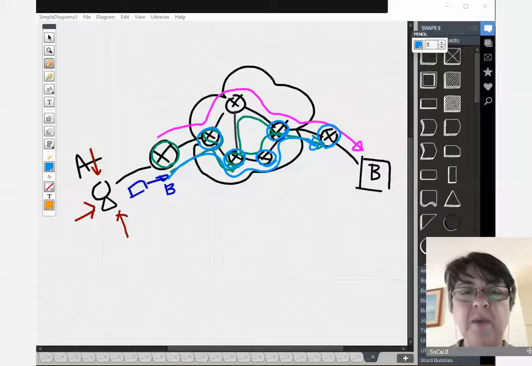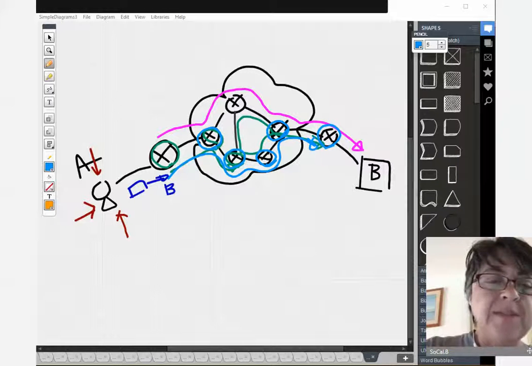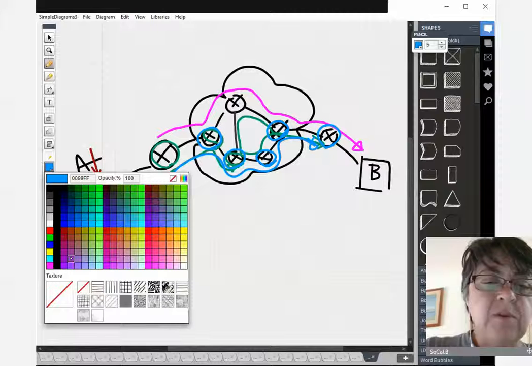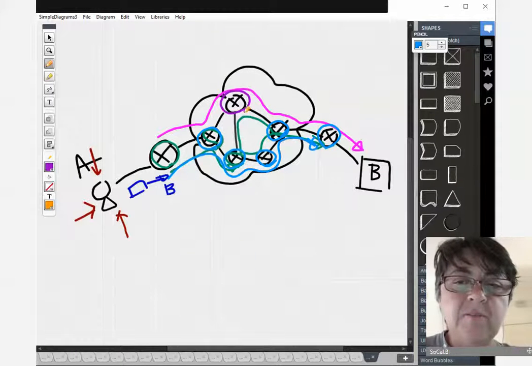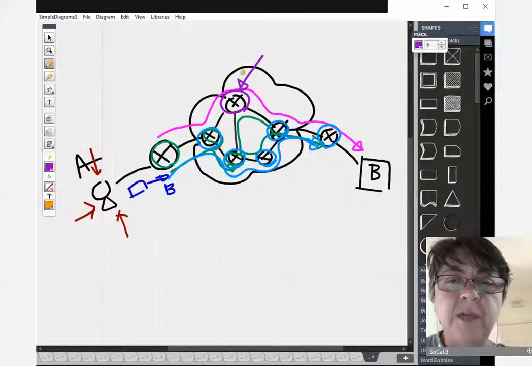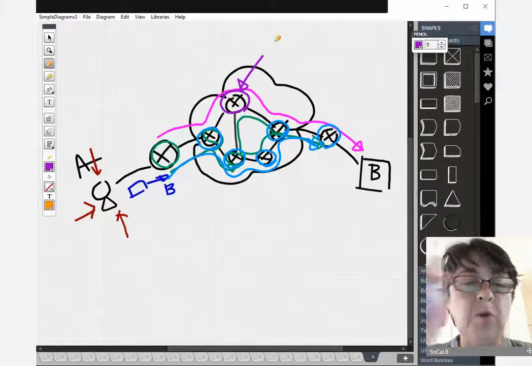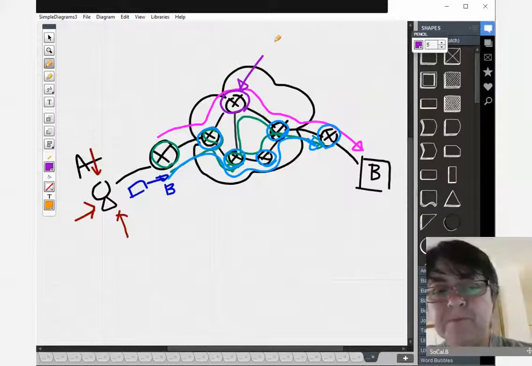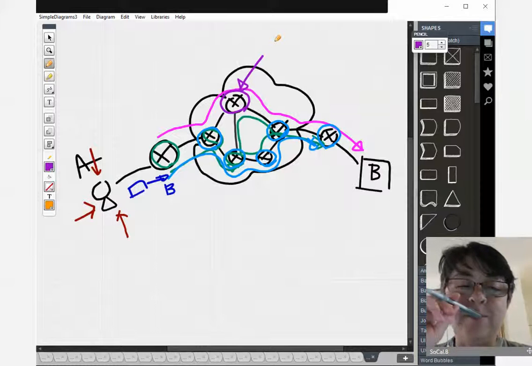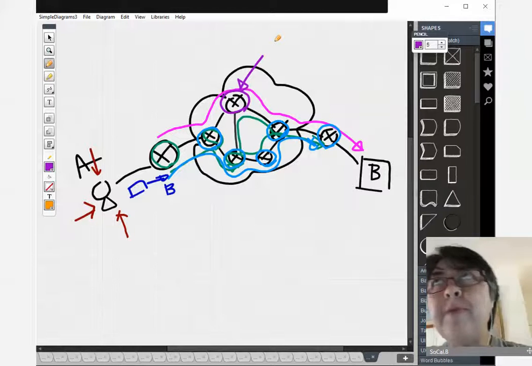Okay, so remember, as a hacker, you may say, look, I don't want to go here because I think they may be doing a lot of monitoring. I don't want to be known. I don't want to go through that route. So, for example, and I'm just making this up, well, I'm making up some of it.